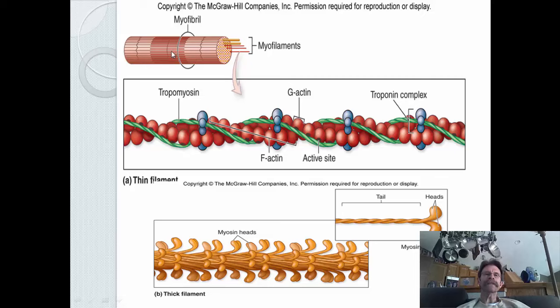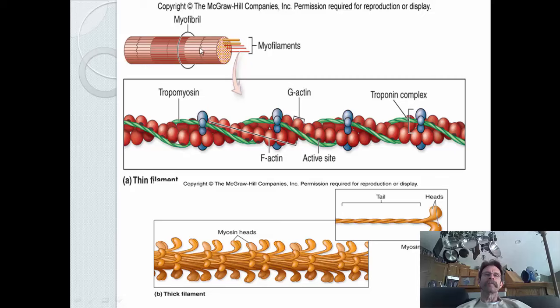And you can see in this dark area how there are more myofilaments, actin and myosin, which makes it dark. Here you just see one myofilament, and since this is the I band and there's only one myofilament, it's which one? The thin one. So this is only the actin.